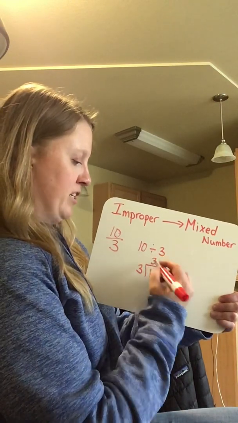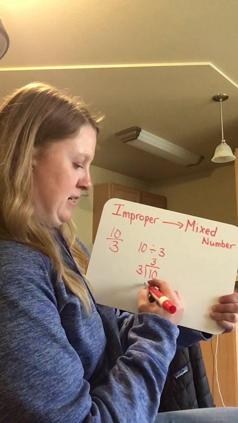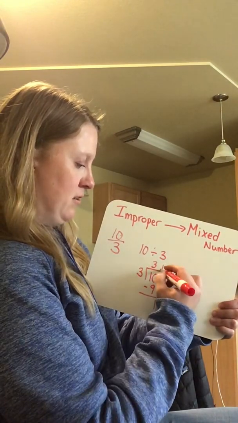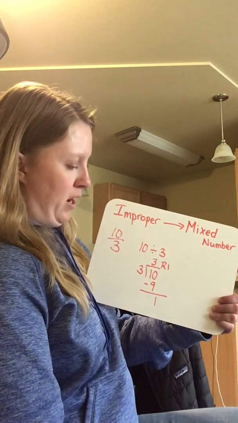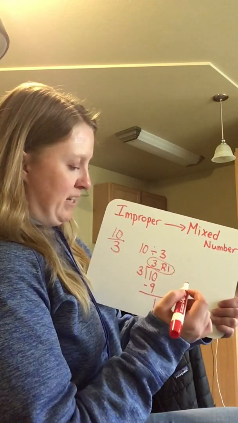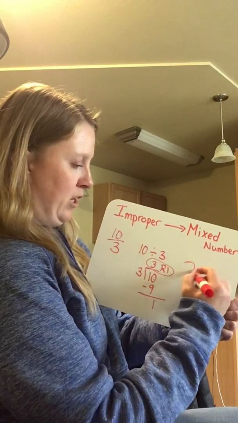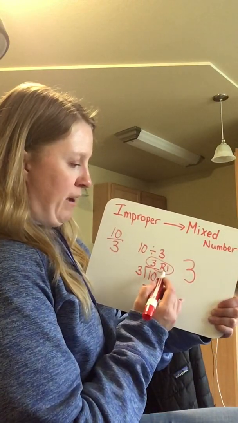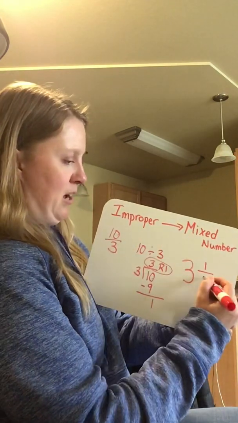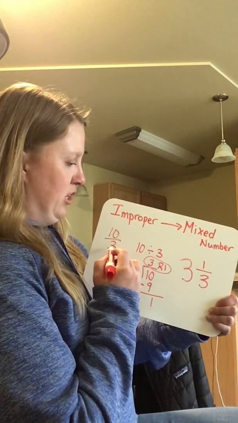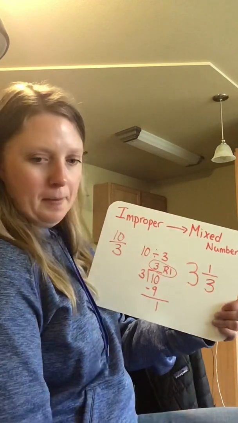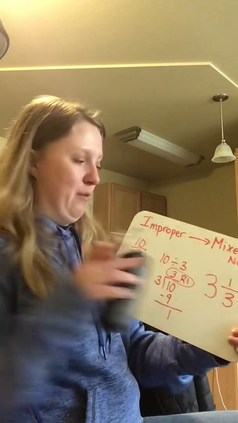It can go in 3 times, which makes 9. Subtract: 10 minus 9 is 1, nothing left, so 3 remainder 1. So how do I turn this into my mixed number? I have 3 wholes. My remainder becomes my numerator, and I just keep the same denominator. So 10/3 equals 3 1/3. Okay, let's do another one.